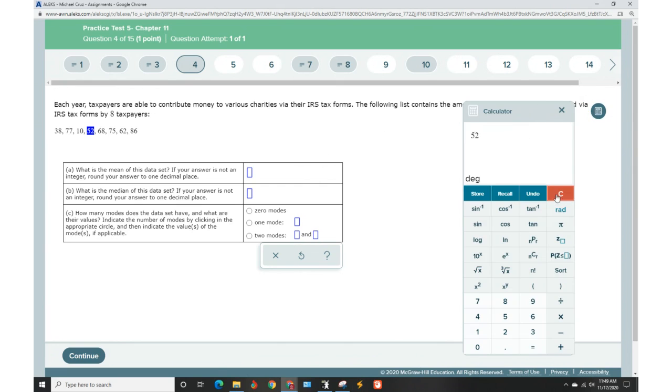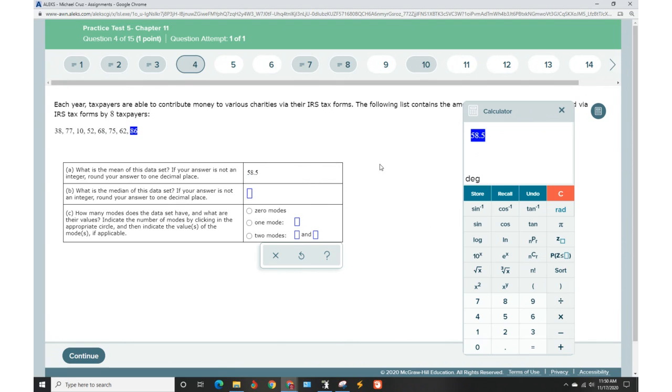So what I'm going to do is 38 plus 77 plus 10. So 468 is the total, just like we did for the standard deviation when we calculated the mean there. Now we're going to divide by 8. And so 58.5.